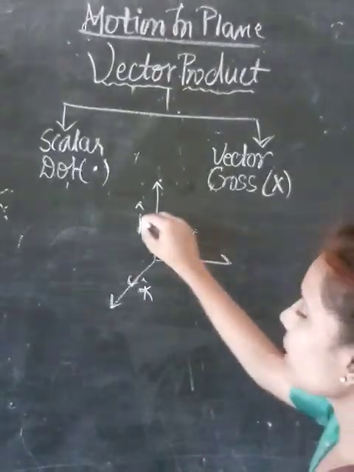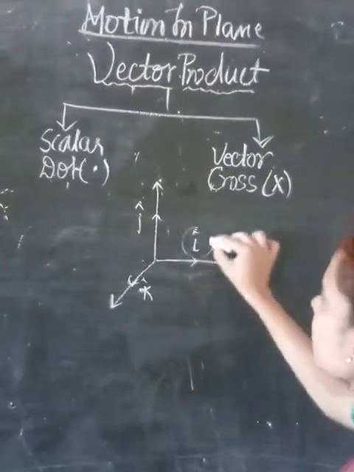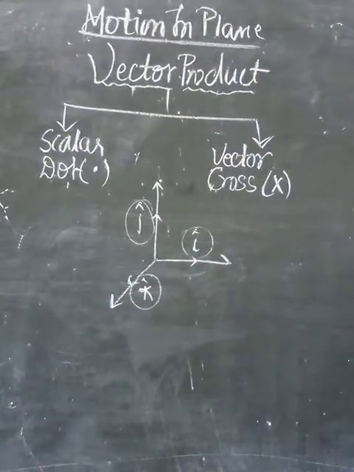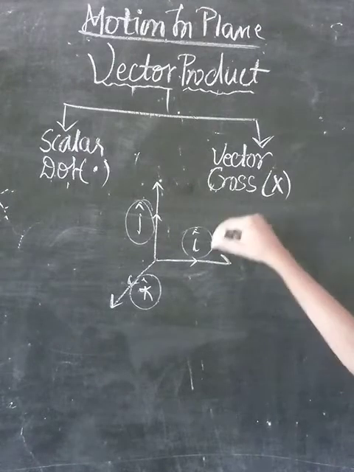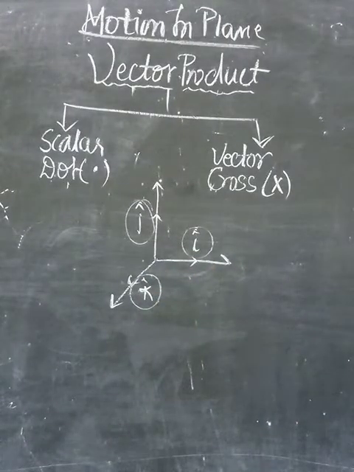These three vectors show the directions of the particle in the x, y and z axes. So whenever there is a vector quantity, it will be shown with the help of these unit vectors i, j and k.